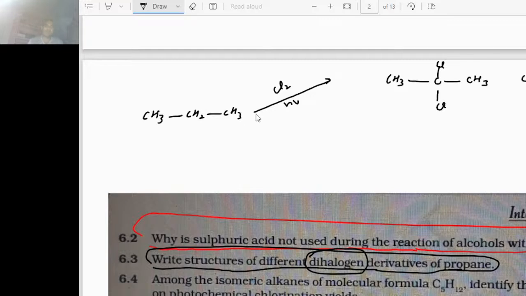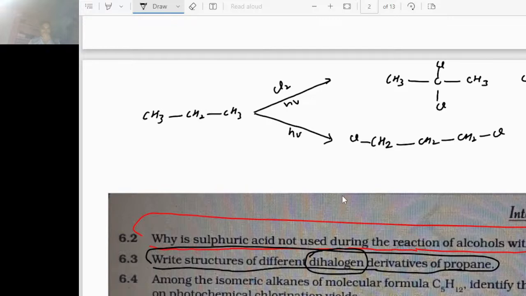Now let's try to understand case 2, student, h nu, because we are going to give the substitution reaction, student. Derivatives means substitution. So for the second case you can write here, this can be the Cl, here is the CH2, then CH2, and here is the Cl. So this is case number 2, a different compound.